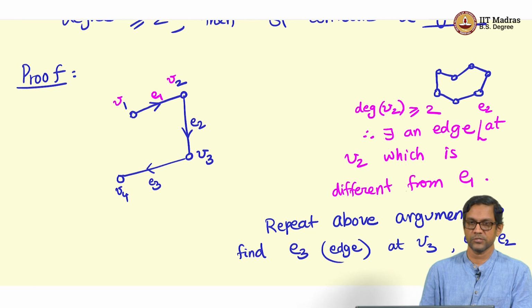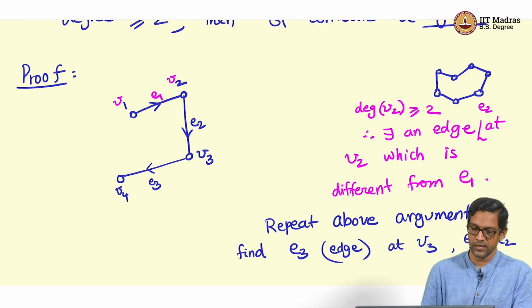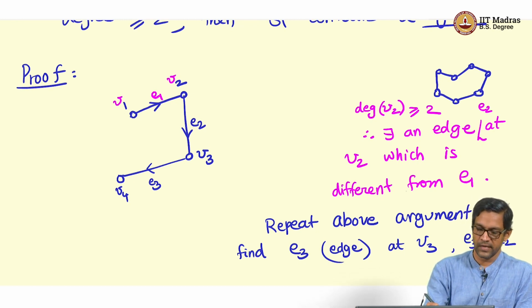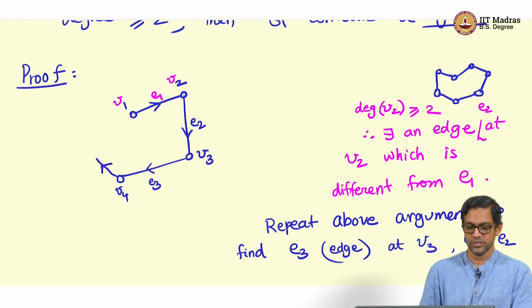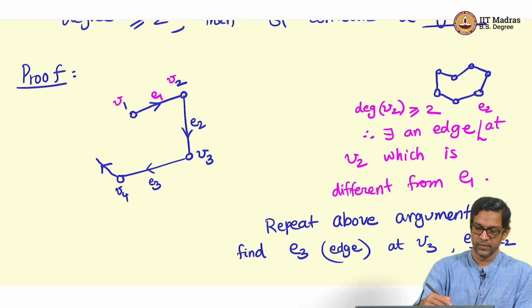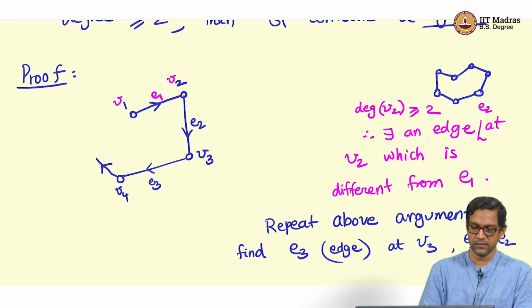Okay, so now you can sort of begin to see how this argument works. You reach V4, again since degree is at least 2, I will be able to find an edge which is different from the incoming edge and so on. Now I keep doing this, but the point is that the graph only has finitely many vertices.